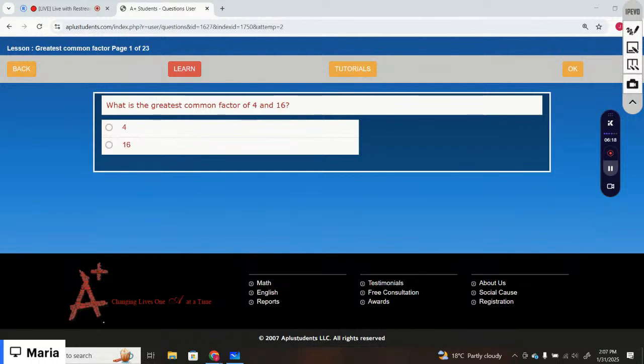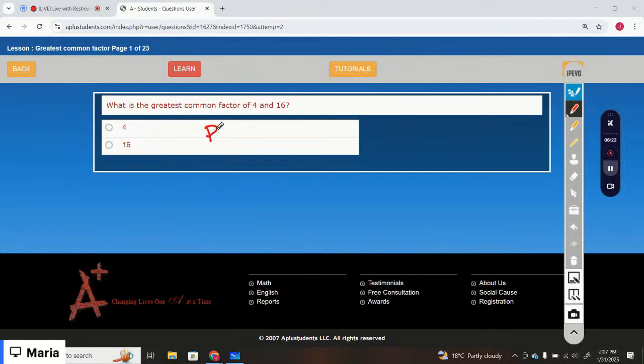Okay, so the prime factors of 4 are 2 times 2, right? And then the prime factors of 16 are 2 times 2 times 2 times 2.